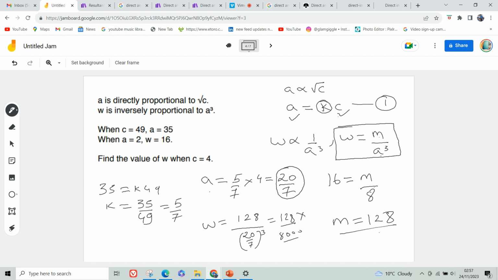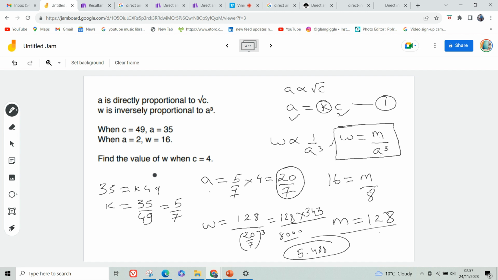So that 343 will go on the numerator and that 8,000 will be on the denominator. So our answer will be what? 128 times 343, which is 43,904 divided by 8,000. So our answer, the value of W, is 5.488.